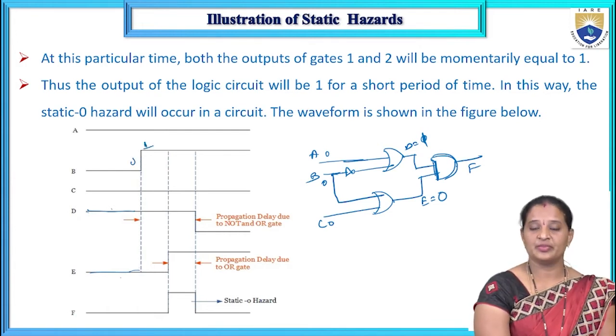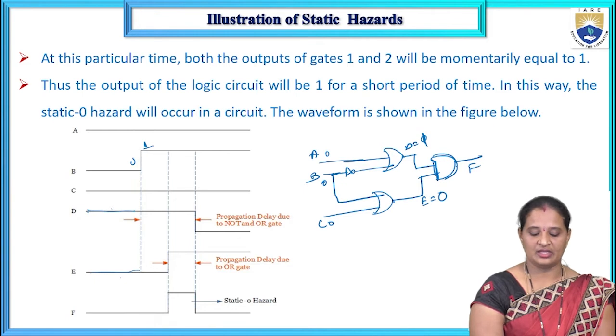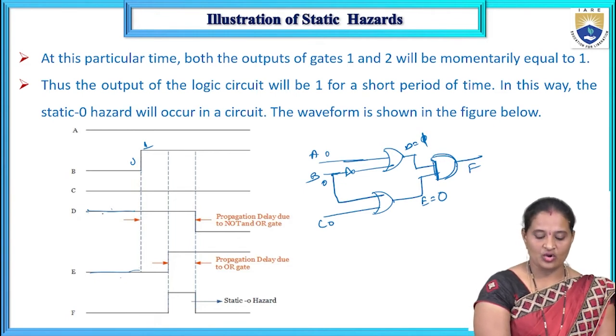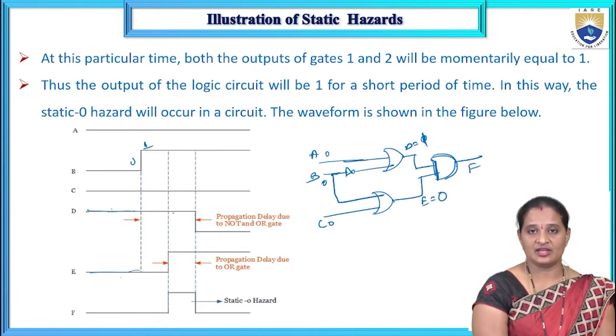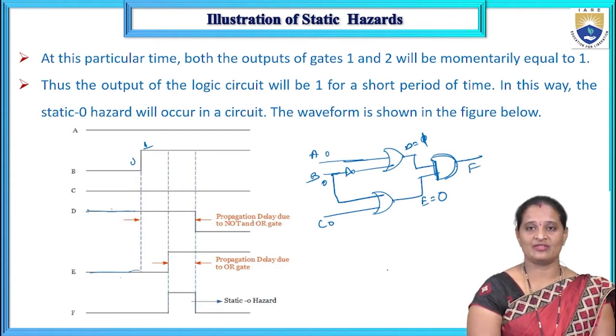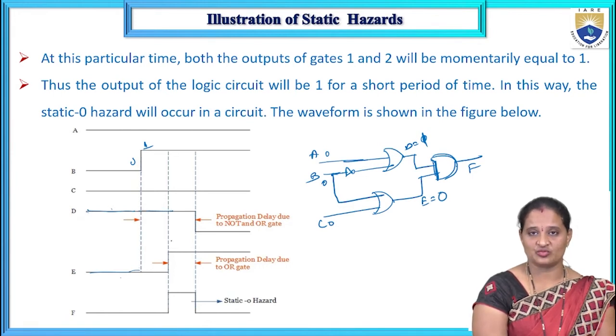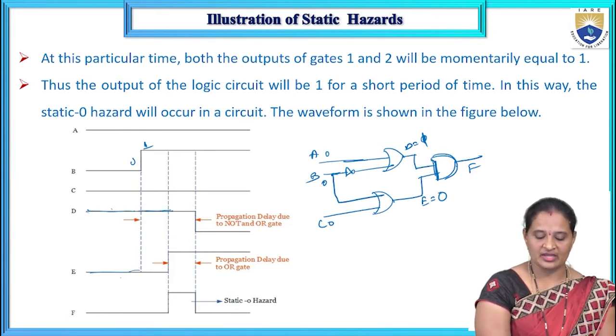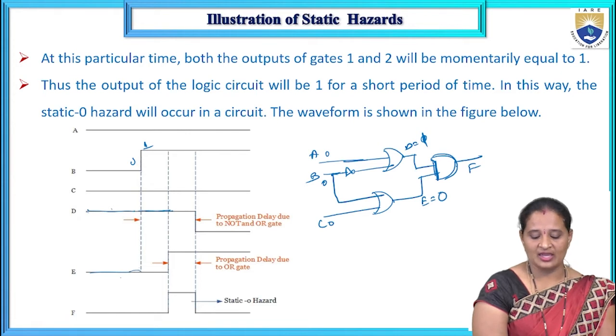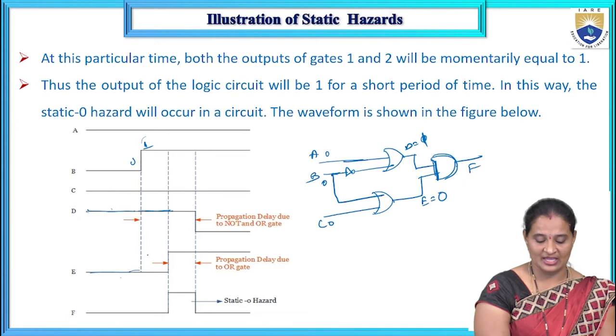B is changing from 0 to 1. Due to the gate delay, the output is not changing instantaneously, because the delay of OR gate 1 is greater than the delay of OR gate 2. So it remains 1, but actually it has to become 0. E remains 0 while it is changing because the gate delay is there, right?